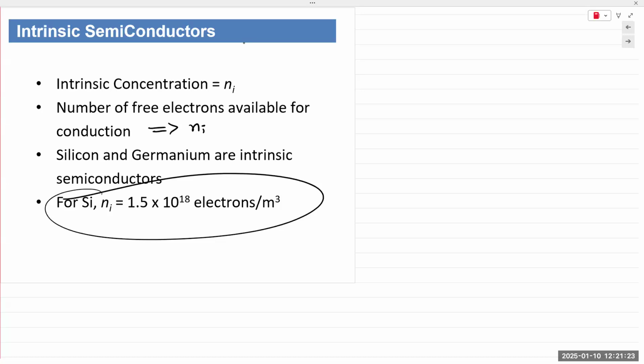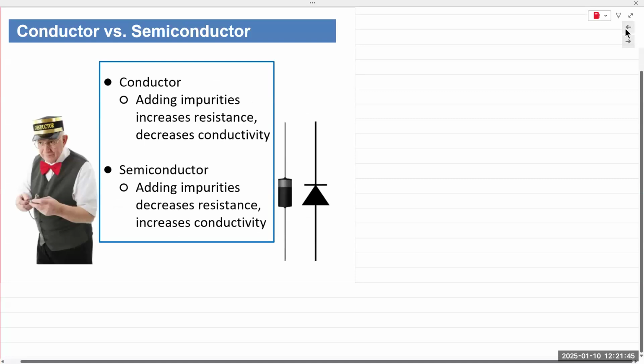If you apply some external electric field, those electrons are perhaps going to drift or move, but not enough to actually conduct a significant amount of current. Oh, that shouldn't be here.